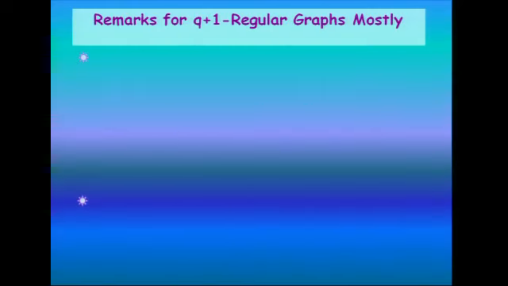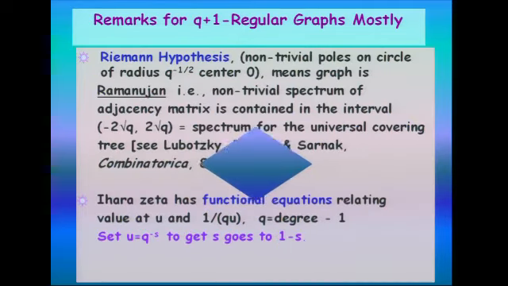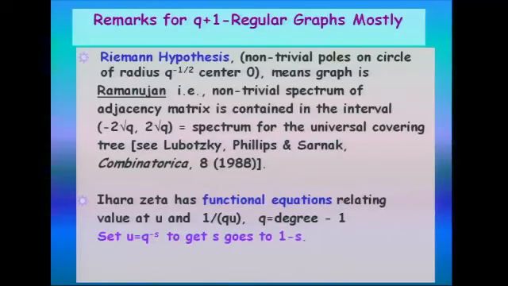And then in the q plus 1 regular case, that was the one that you heard about in the first talk. For example, there is a Riemann hypothesis that looks a lot like the standard one. If I were to change variables, which I haven't done in this talk, since my u is sort of a bad variable, the Riemann hypothesis says the non-trivial poles are on the circle of radius q to the minus a half and center 0.